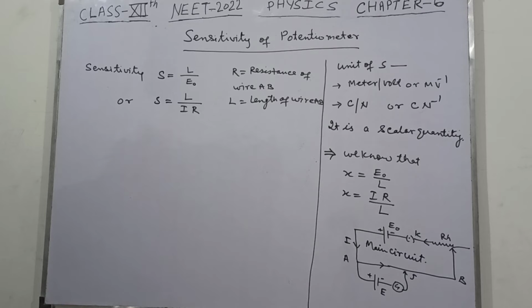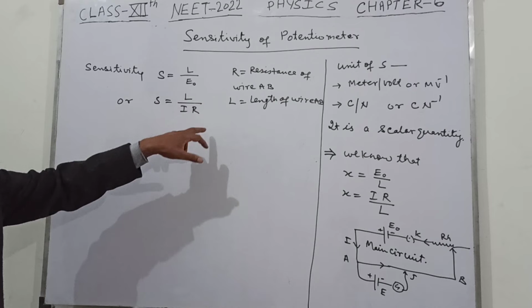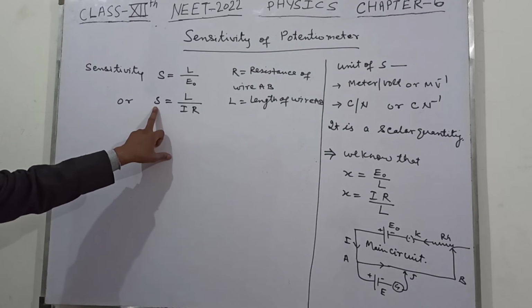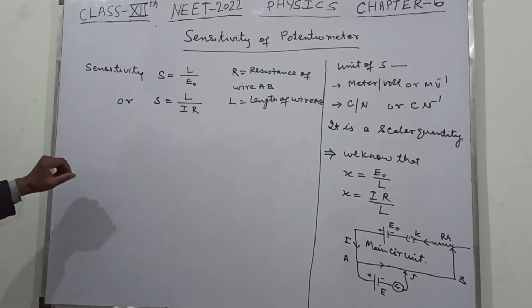So you can see that the sensitivity can be increased by increasing the length of the potentiometer wire, and S can be increased by decreasing the current in the potentiometer wire.